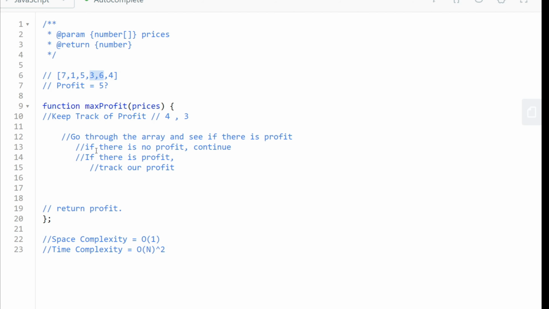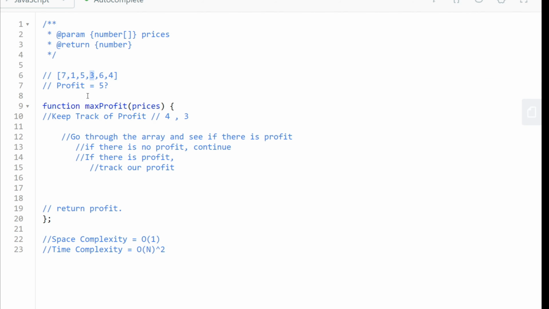So if I know there is profit, I almost need to compare whether my current profit is more than my old profit, right? In this case, it is more than my old profit. However, is it actually more than my maximum profit? So we should look at one thing first.